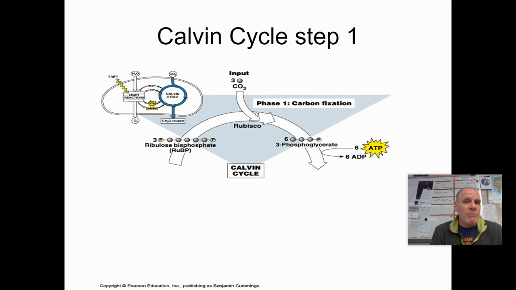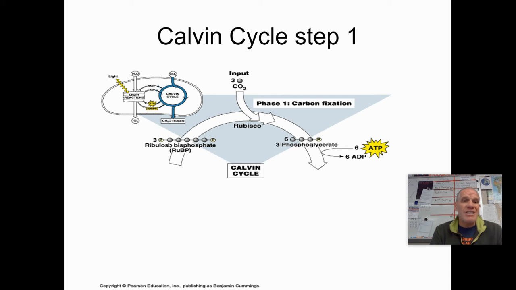You need to know the name of the enzyme that catalyzes this reaction, and this is one of those enzymes that does not end in ASE. Rubisco. Sounds like Nabisco, that makes cookies. Okay, it's rubisco. It is probably the most abundant protein on the planet. And it's going to basically take a 5-carbon molecule called RuBP, that's actually ribulose bisphosphate.